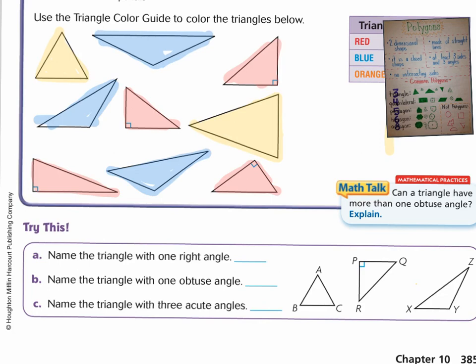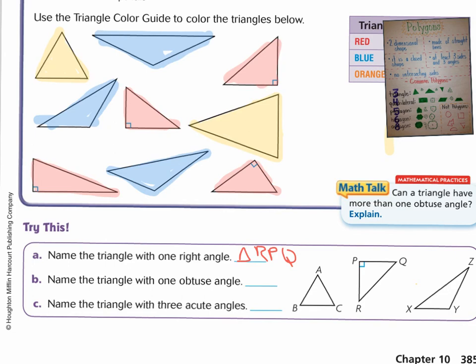And you can kind of see that blue 90-degree angle there, that square corner. And to name it, we would say it's triangle QPR, RPQ. So I'm going to say RPQ. That's a Q there. Sorry, guys.